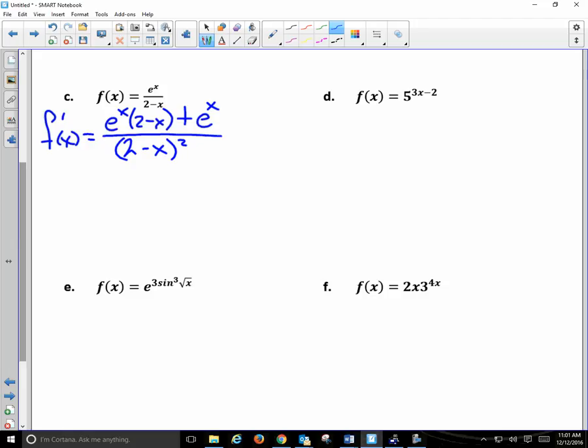Well, we could combine like terms now, couldn't we? So it'd be a 2 e to the x plus a 1 e to the x would make a 3 e to the x minus x e to the x all over 2 minus x.